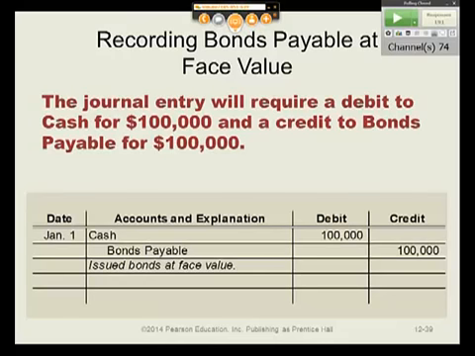And this is the semi-annual cash interest.